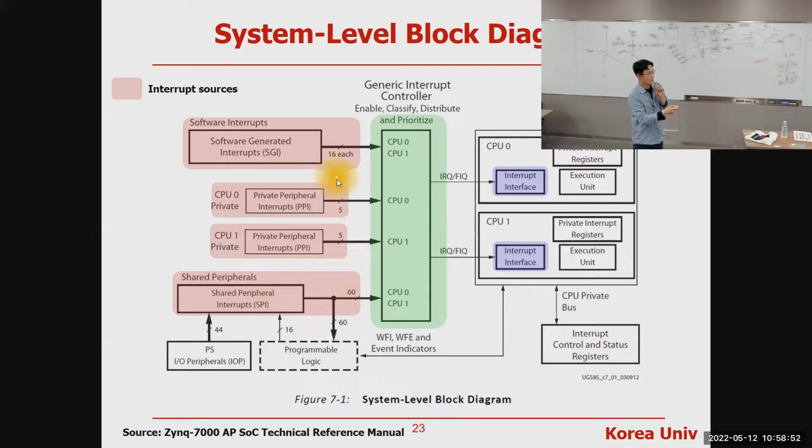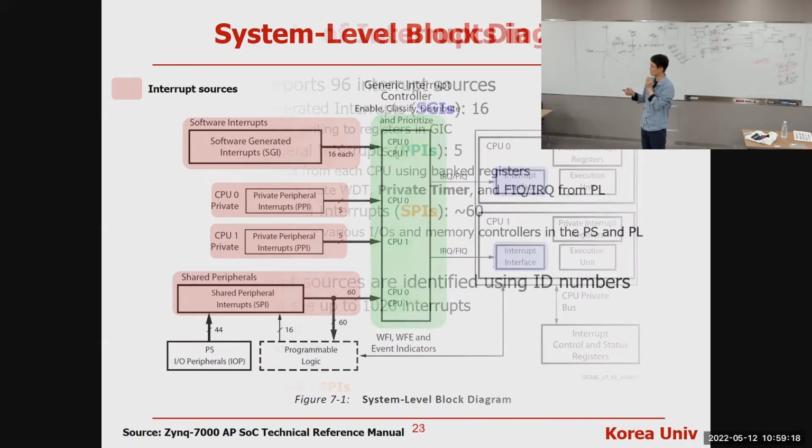When an interrupt is generated, it is connected to that hardware component, called the distributor. Green is the distributor, and here we have the CPU interface module. Two big modules: first the distributor, green, and purple, the CPU interface in the generic interrupt controller.